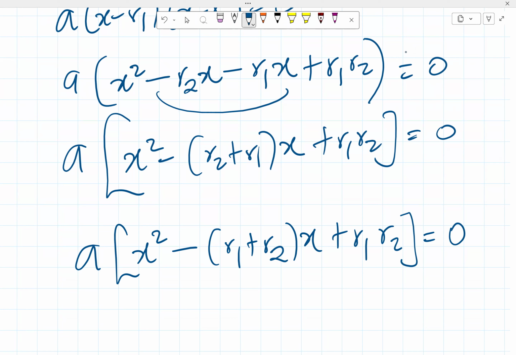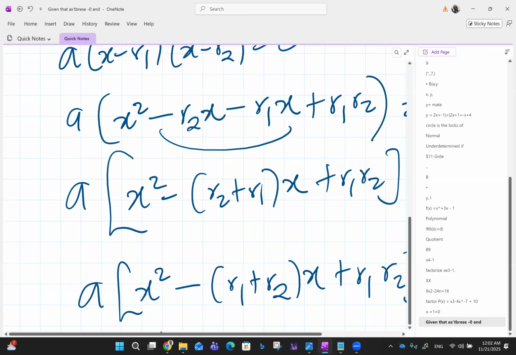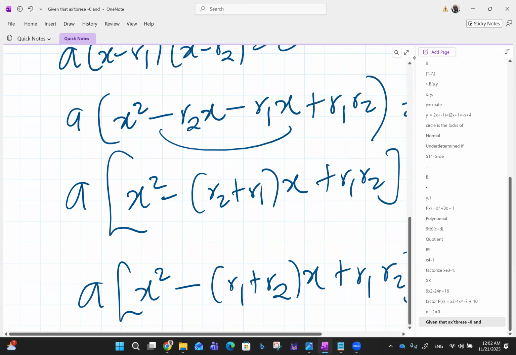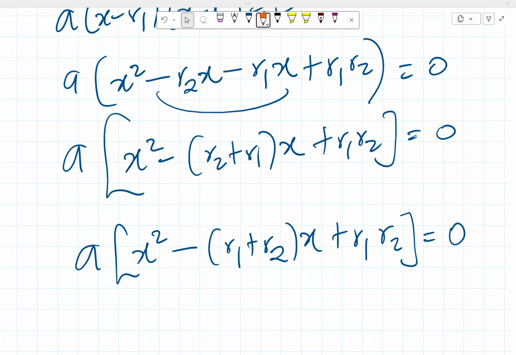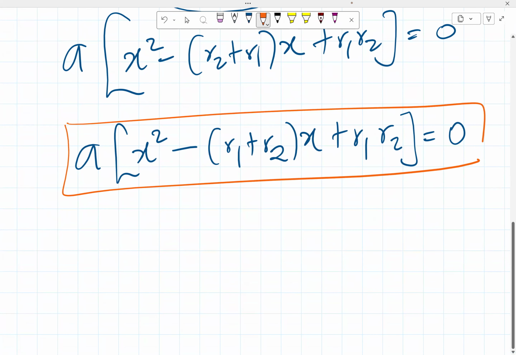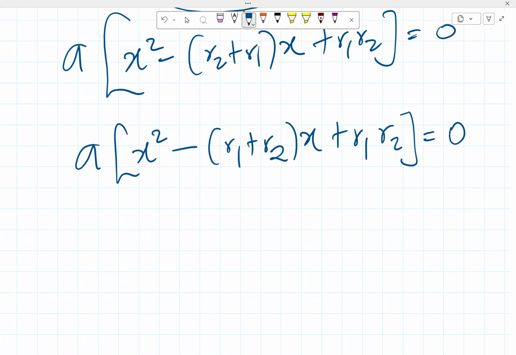Now, the next thing we want to do, having got this expanded form, is to compare this with the original expression. So let's go for that. Comparing, I think I can still go ahead and expand everything.